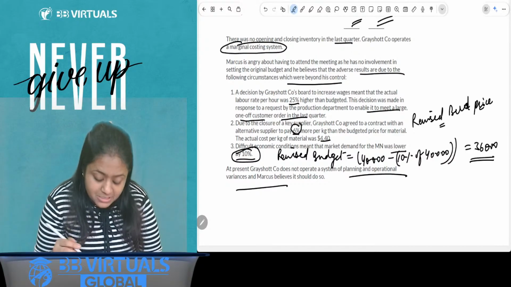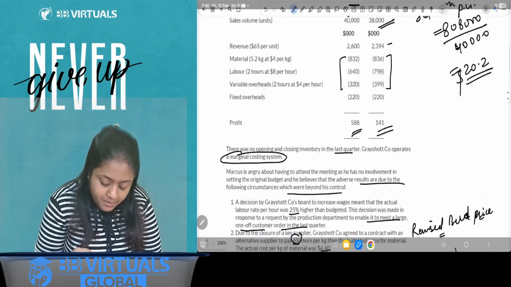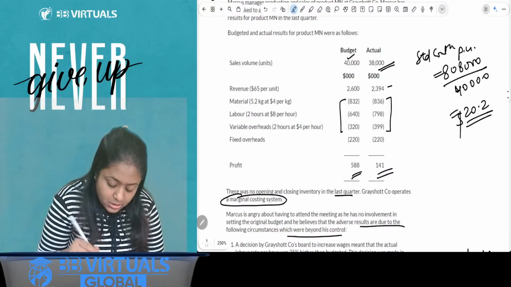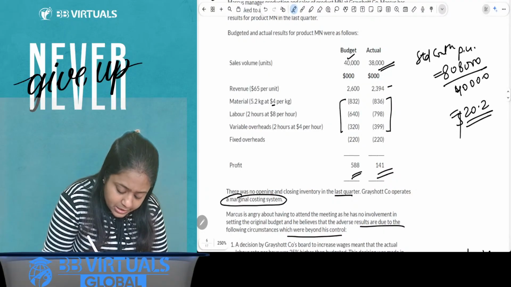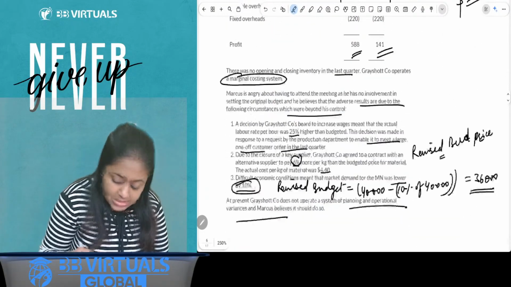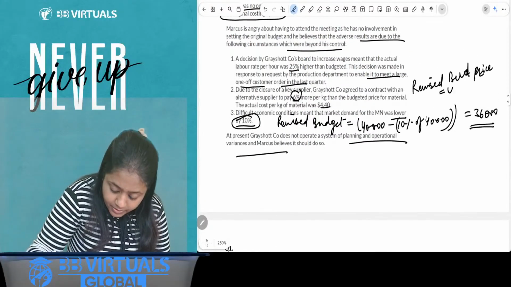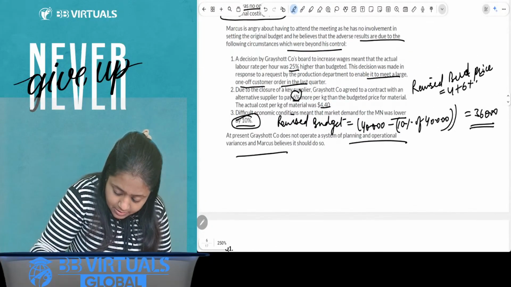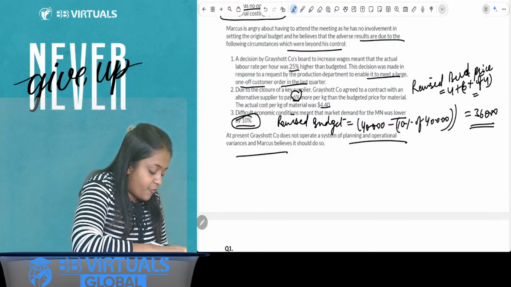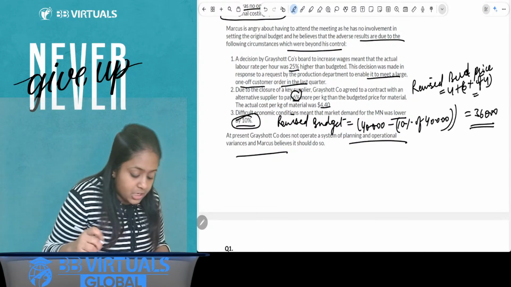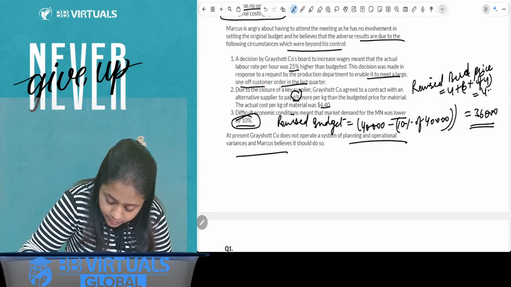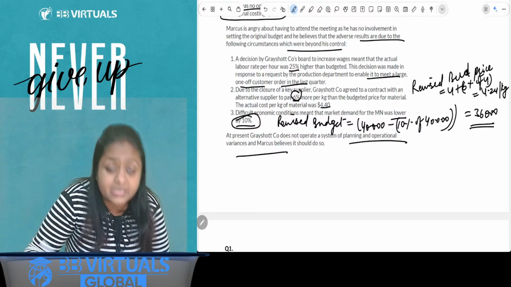So the revised budgeted price is 6% more per kg. The original budget said the cost per kg is 4. Now you just have to add 6% to it: 4 plus 6% of 4. It will be 4.24 per kg.